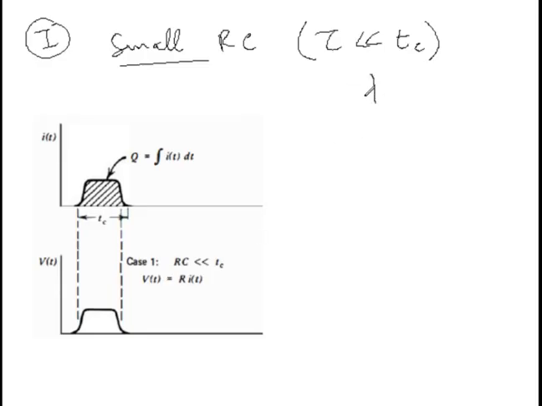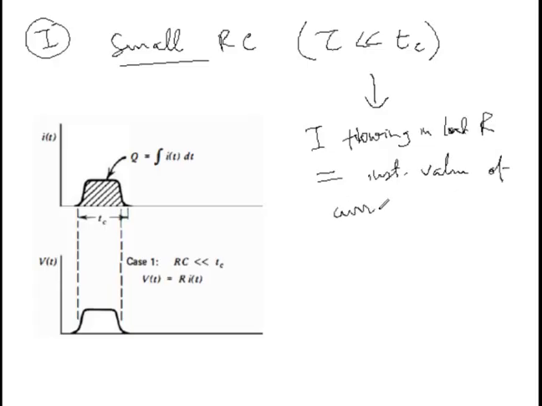So the result of this is that the current flowing in load resistance R is basically equal to the instantaneous value of current in the detector, right?